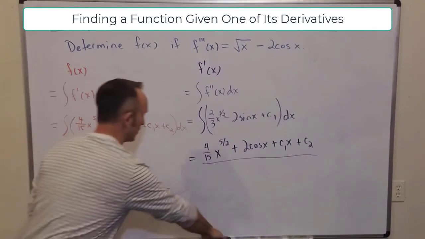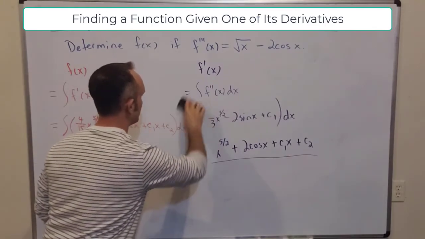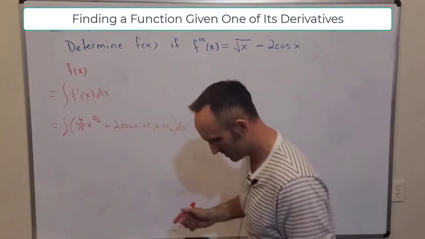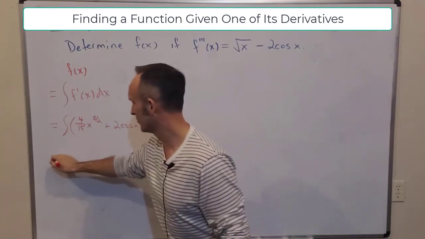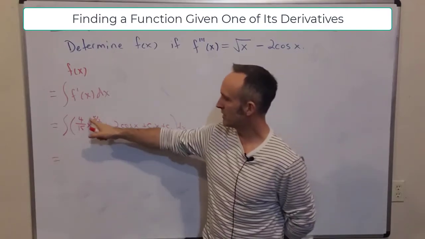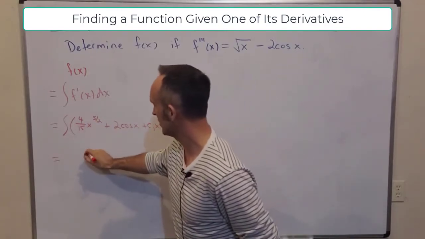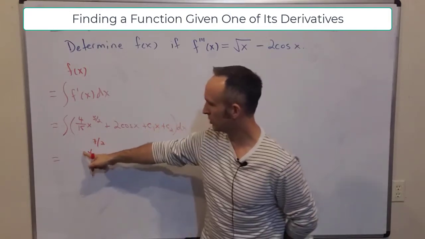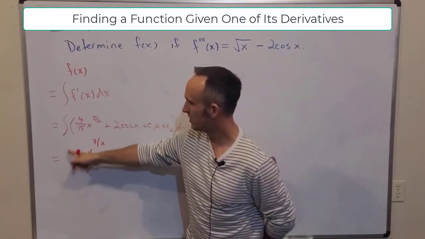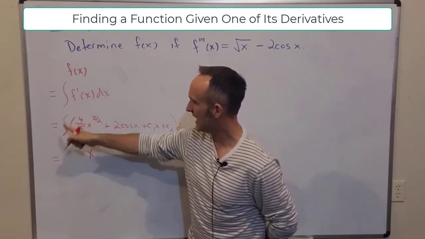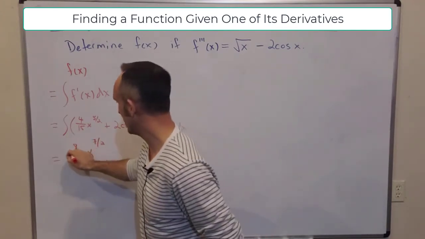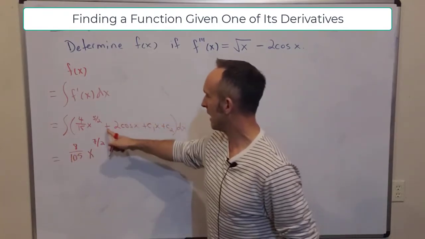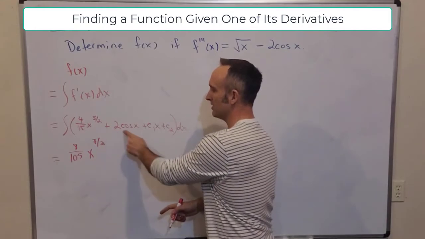And just to clean up our workspace a little bit, let me get rid of all of this so we can focus. So now it's the same process again, just more of it. So increasing my exponent by 1 gives me x to the 7/2. Multiplying by the reciprocal is 2/7 times 4/15. So that's 8 over 105. Yeah, 8 over 105.